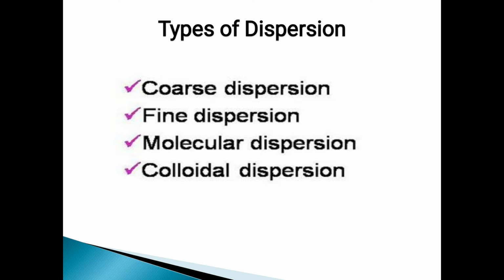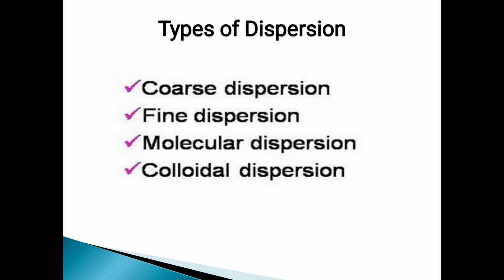Coarse dispersion means the particle or the API which is suspended in a medium, where the size will be more than 1 micrometer. In fine dispersion, the particle size range will be smaller than the coarse dispersion.